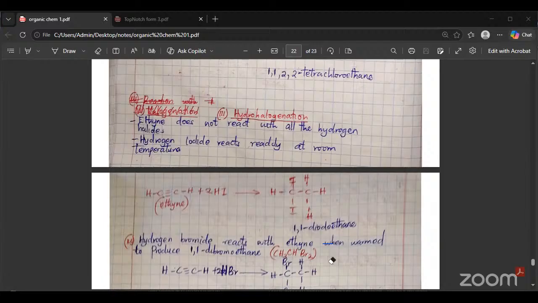Okay, so that one is at room temperature. I want you to see the difference. The difference is normally very visible, but the students normally, I don't know, they get confused or they forget. Now, I'm giving the difference between halogenation and hydrogenation. The most reactive halogens in order: fluorine is the most reactive.